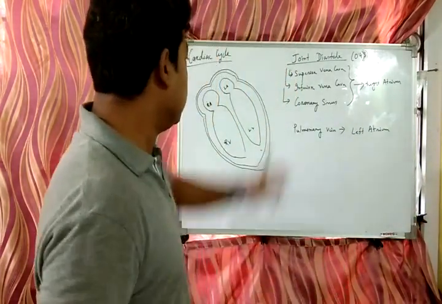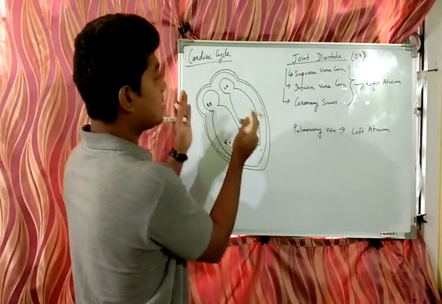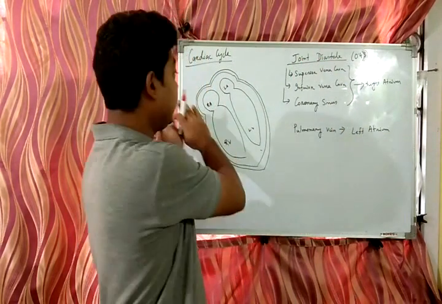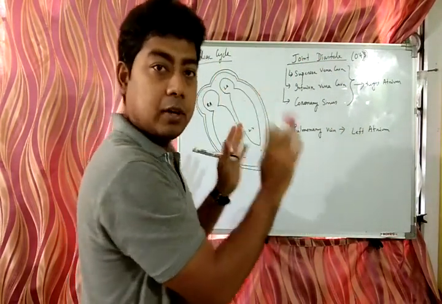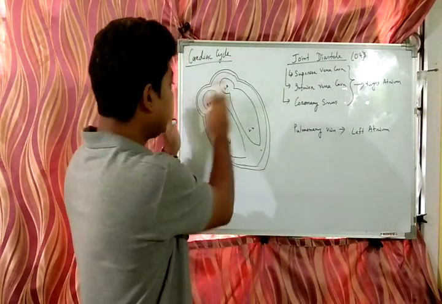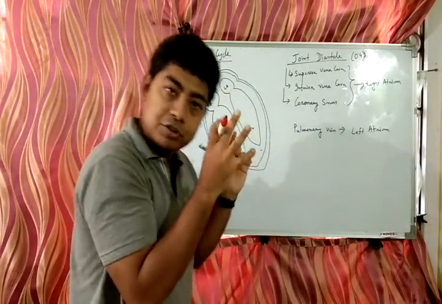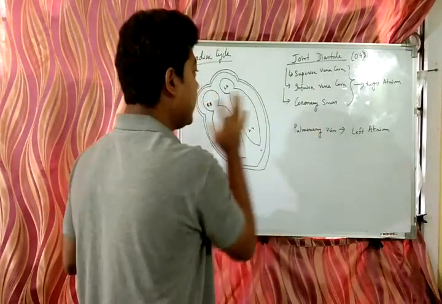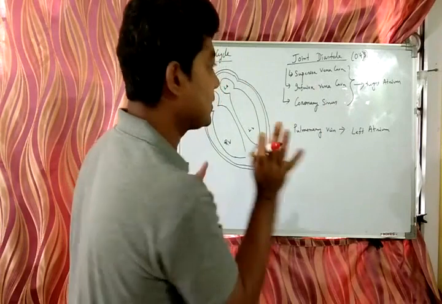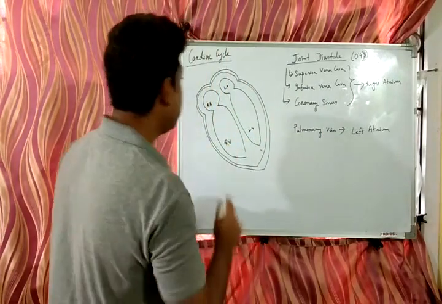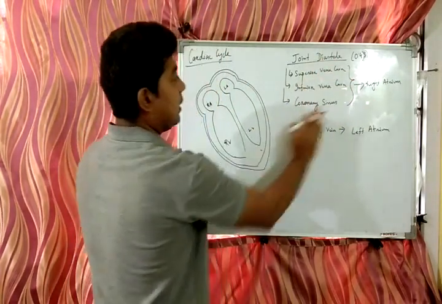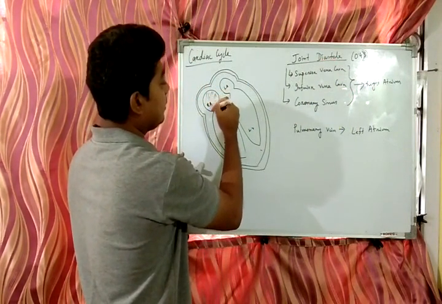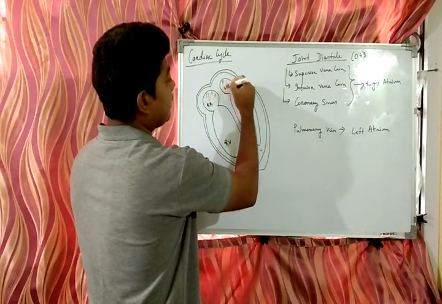Okay, I am not showing the vena cava and coronary sinus here, as I already showed them in previous lectures. Here I mainly give stress only to this cardiac cycle part, the timing, as well as how the different stages happen. So first, the right atrium is filled, and also the left atrium.